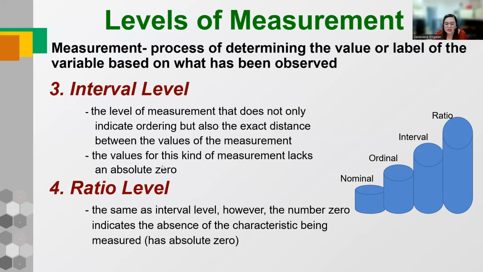What does absolute zero mean? If you have a zero, it does not mean that there is nothing. For example, temperature. When you say the temperature is 0 degrees, it does not mean there is no temperature. The ratio level, if the height is 0, there is really nothing there. So interval lacks an absolute zero, while the ratio level has an absolute zero.